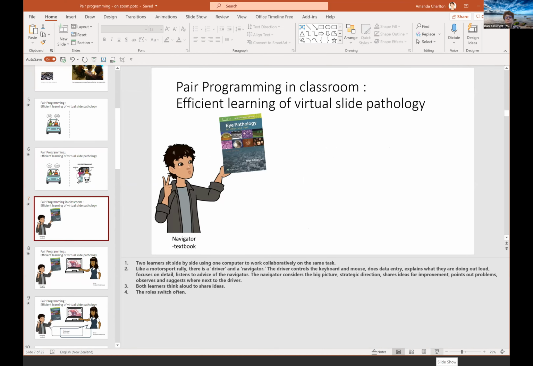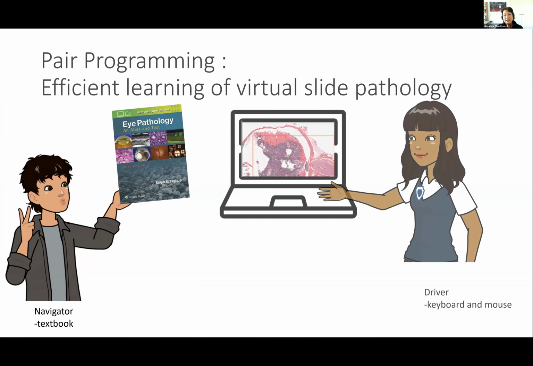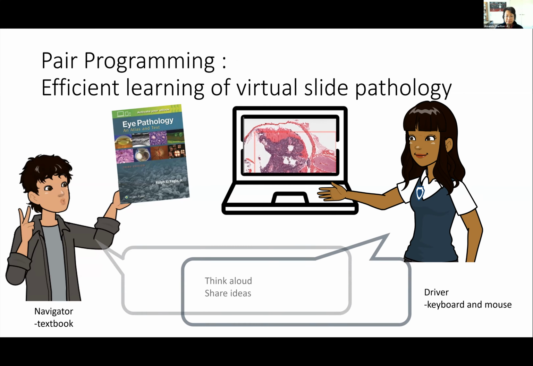Is that better? So the navigator has a textbook, and we would suggest that you use a physical textbook or an e-textbook on a separate device or a separate computer screen, because you can't do both things on one screen at a time, is what we found. And then the second person, Rena, who is the driver, has the keyboard and the mouse and brings up the virtual slide.